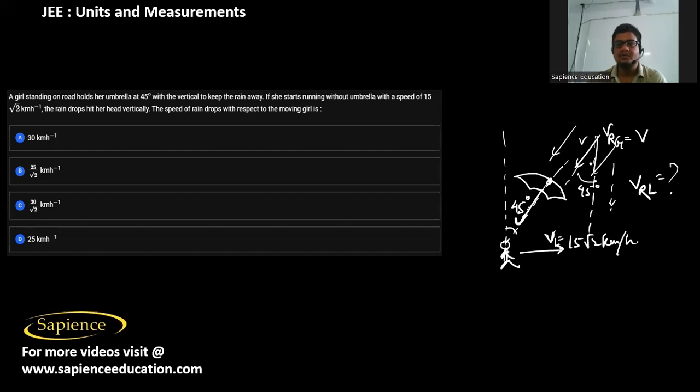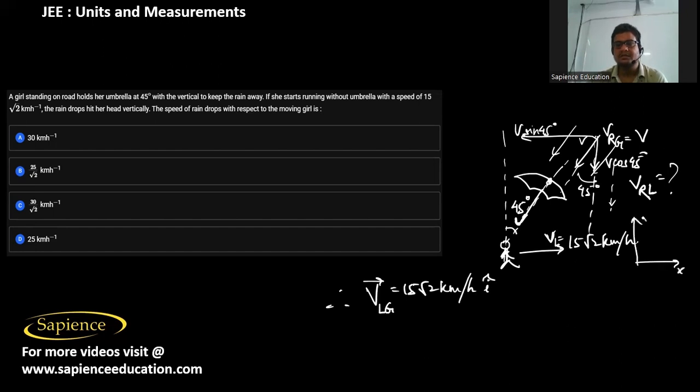So if you take its components, then we can say this is V cos 45, this is V sin 45. So therefore, the velocity of the girl with respect to the ground is 15 root 2 kilometer per hour i cap. Let's say this is x-axis, this is y-axis.